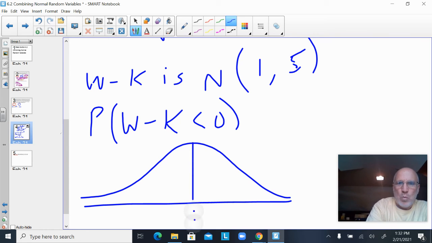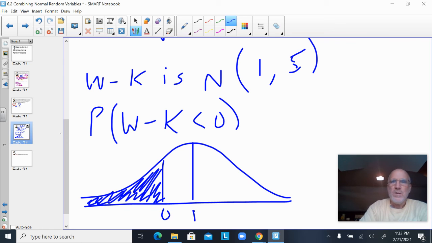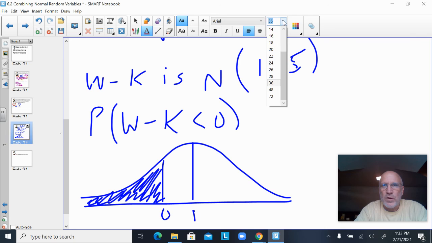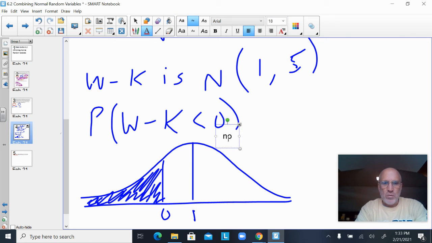My mean is now 1. Here is 0. I'm looking for that probability. Hopefully you see that as a normal CDF, which I will type in small here so it fits. So this is a normal CDF. My lower bound is negative 9999. My upper bound is 0. My mean is 1. And my standard deviation is 5.